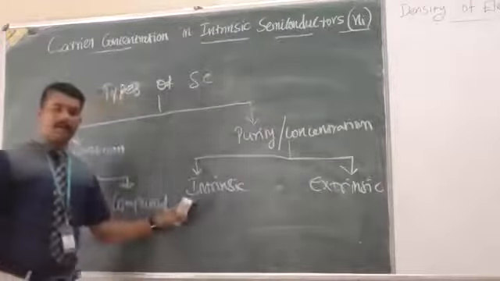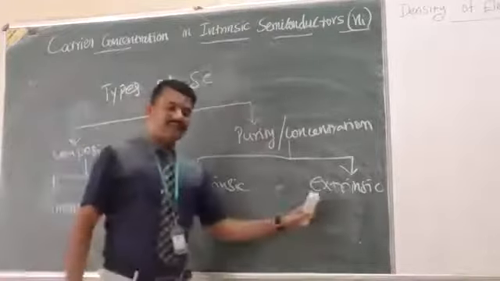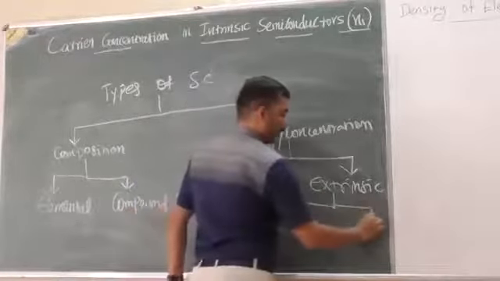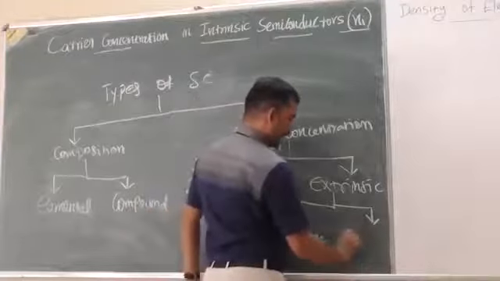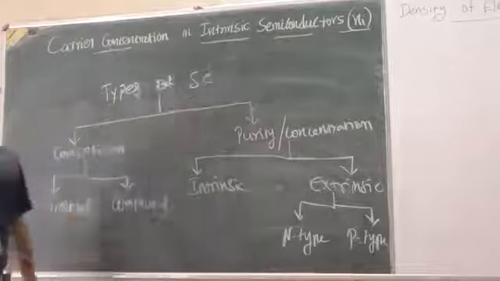Intrinsic semiconductors are 100% pure form semiconductors, and extrinsic semiconductors are again divided into two types, that is N-type semiconductor and P-type semiconductor.